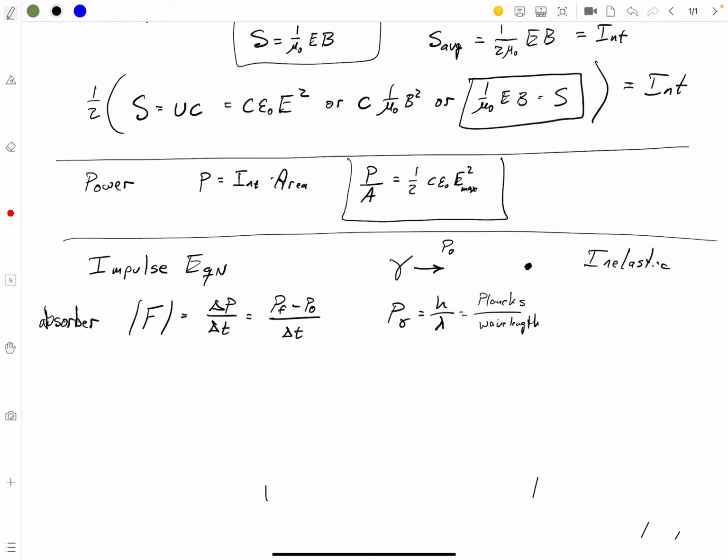Our P initial going in is here, and our P final is 0. So our P initial going in is the only thing that happens, right? And then we've got a transfer of momentum to the particle. And because of conservation of momentum, the particle is going to move backward. So this is a perfect absorber.